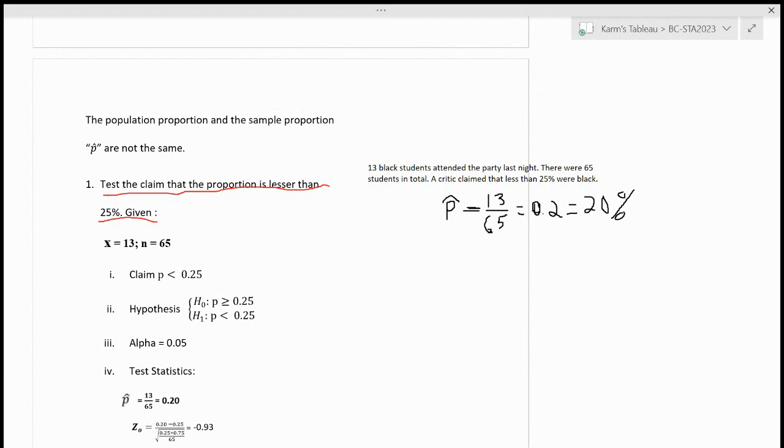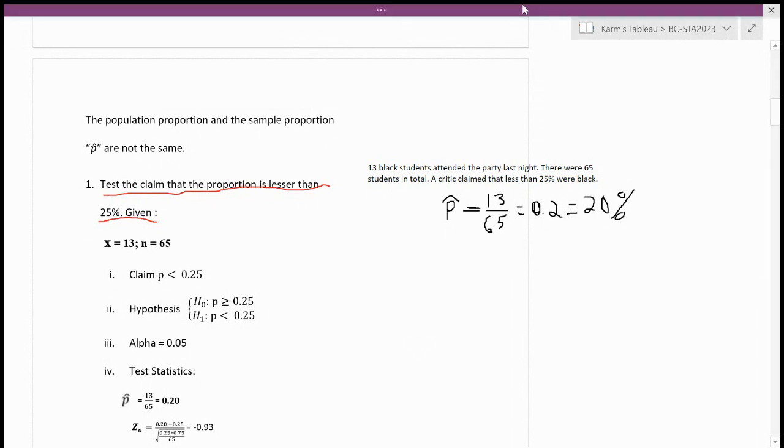Maybe the critic might be right. So what we're going to be doing now is the hypothesis testing for that. The hypothesis testing we're going to be doing will either reject or support the claim.